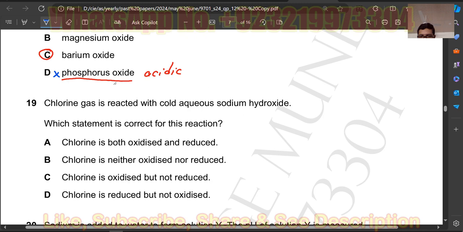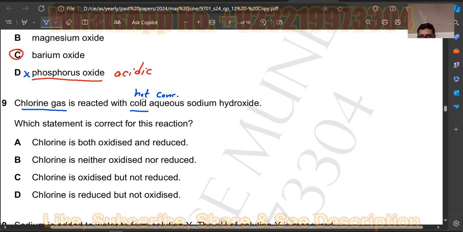Always remember to just memorize the reactions of chlorine gas with the cold and the hot concentrated sodium hydroxide. You just need to memorize these two chemical reactions, and you can easily attempt most of the questions linked with this situation.